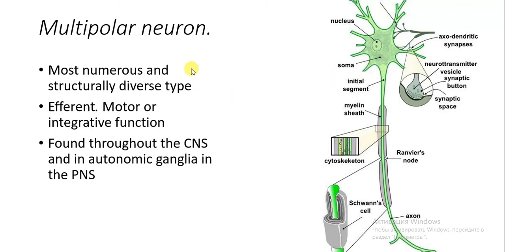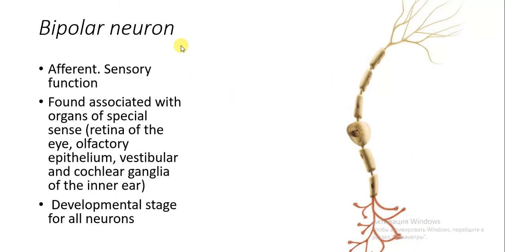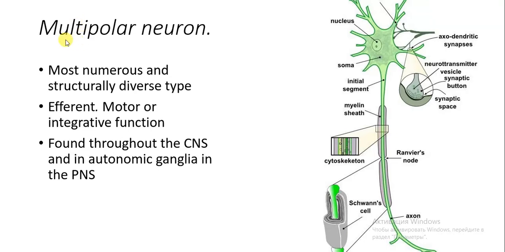Okay, neurons. There are three main types of neurons. The most common type, which is present almost everywhere in the central nervous system, and in a large variety in the peripheral nervous system, is the multipolar neuron. A multipolar neuron possesses a lot of dendrites and one axon.